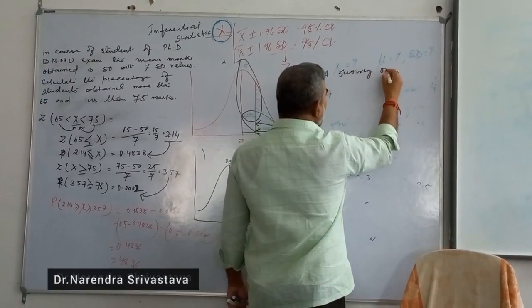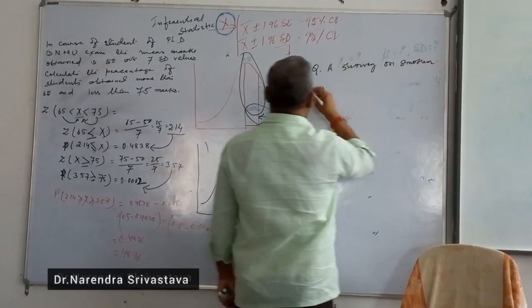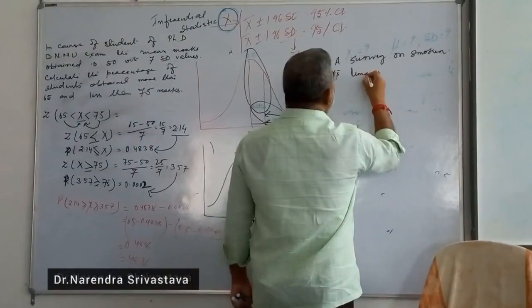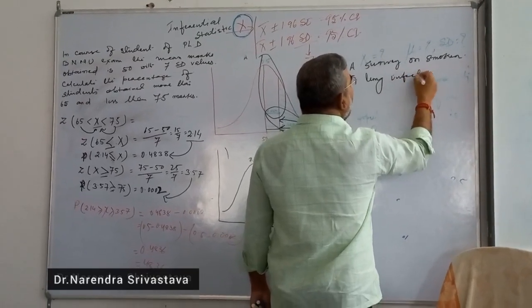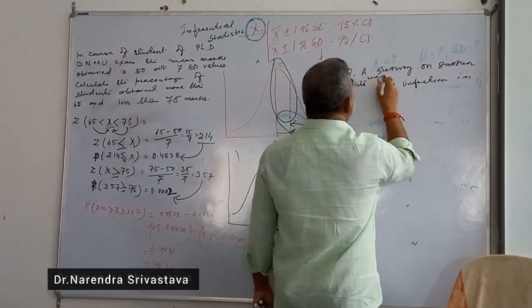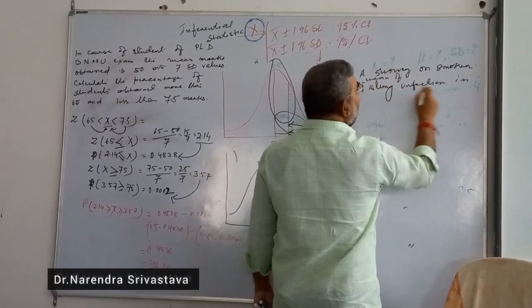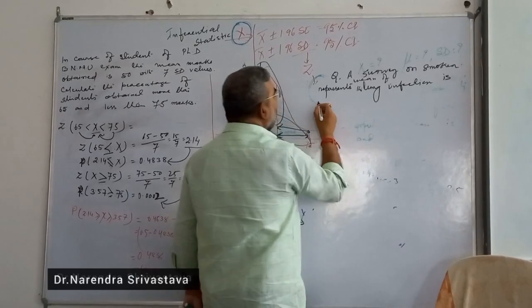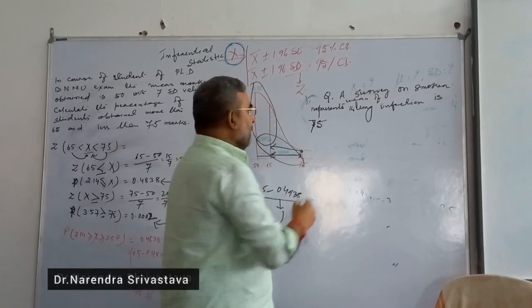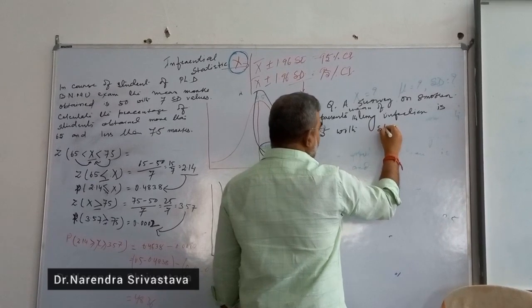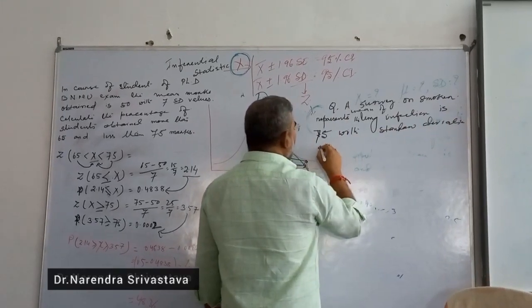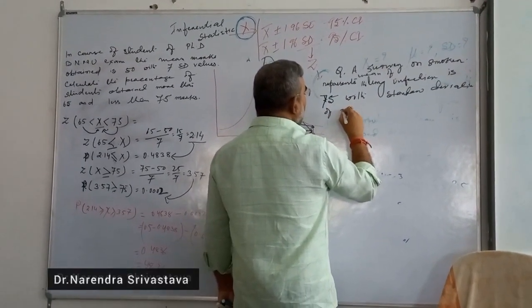Suppose in the next question, a survey on smokers represents lung infection. The mean of the lung infection is 75 with a standard deviation of 28.